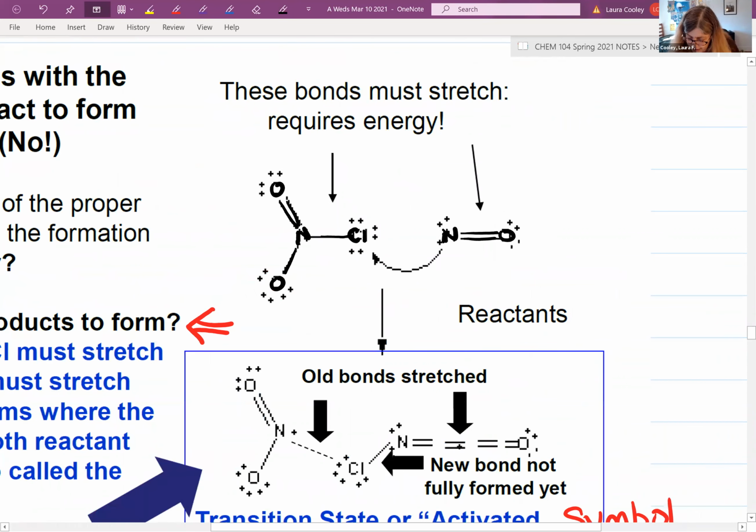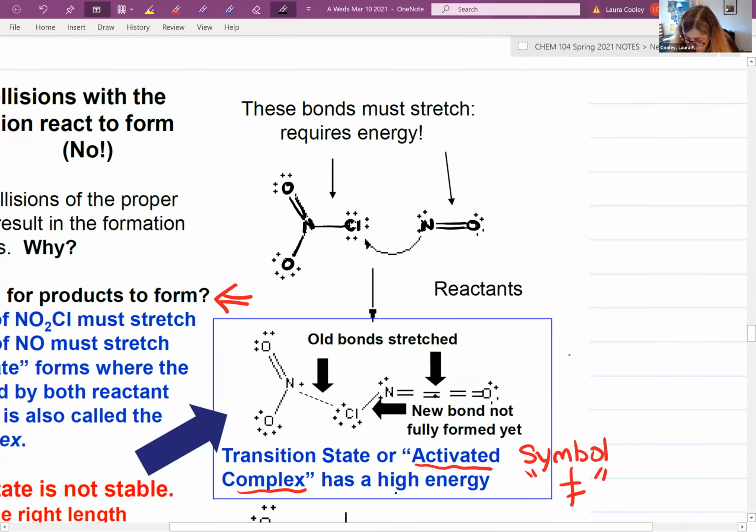So what happens in this reaction, which I try to illustrate in this picture, actually represents the transition state. So what happens is that these two bonds here, oops, I wanted that to be red. This bond and this bond, the red bonds, stretch.